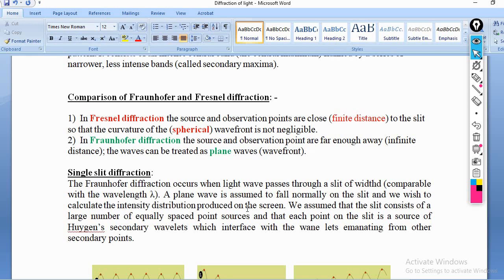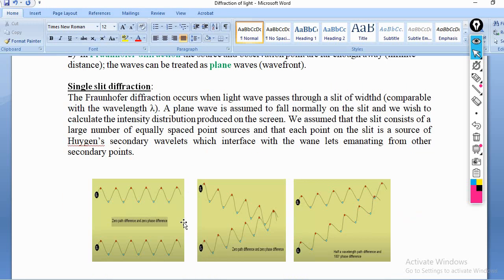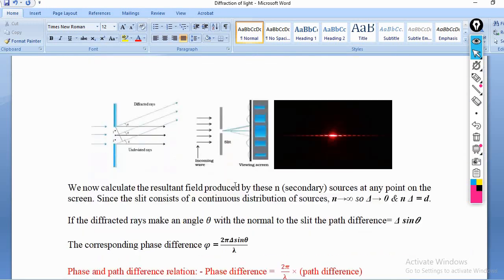Now, let me discuss the case of single slit diffraction. We are going to consider Fraunhofer diffraction to simplify the experimental setup. To start, we refer to a simple experimental setup diagram where we have the light source and the incoming wave. These are the primary waves, coming from a source and falling on the slit region.